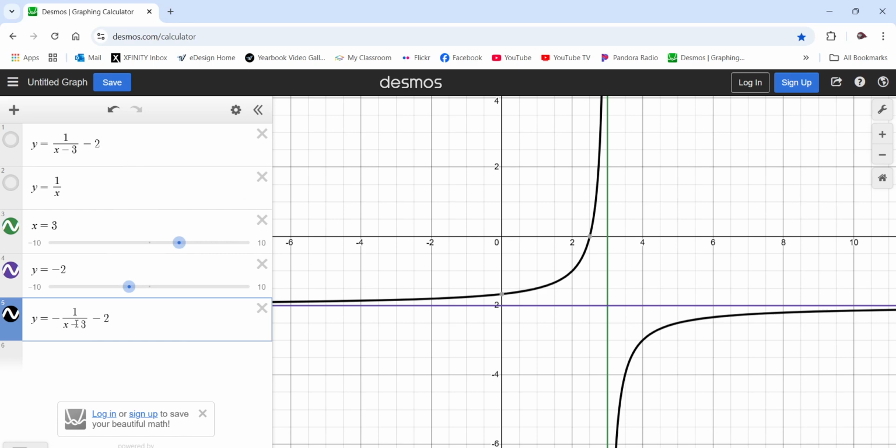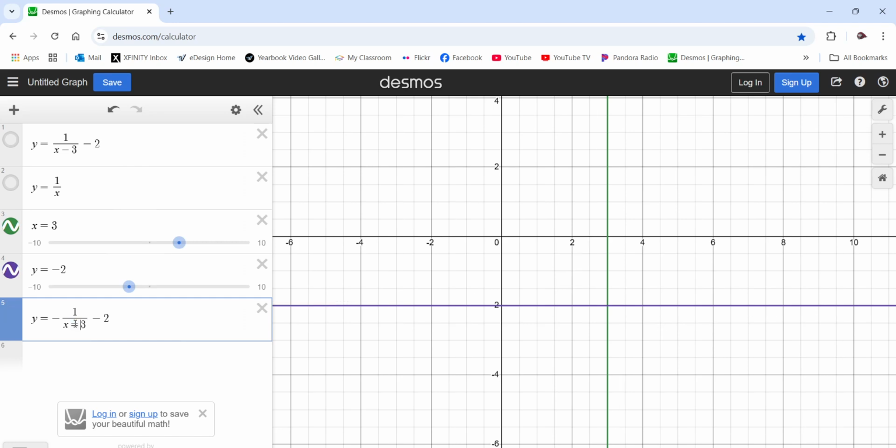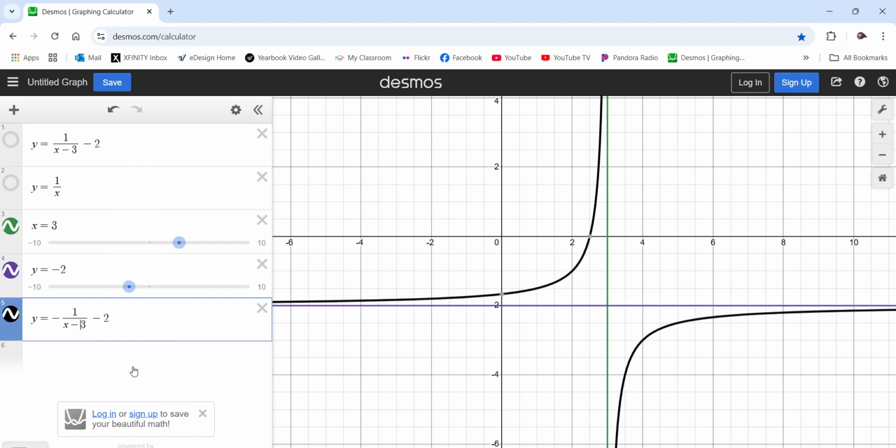Now, obviously, instead of putting -3, what if I put a +3? What would that do to it? It would shift it where? To the left 3 places. So if I made that, whoops, not equals. If I made that right there, did it do it?